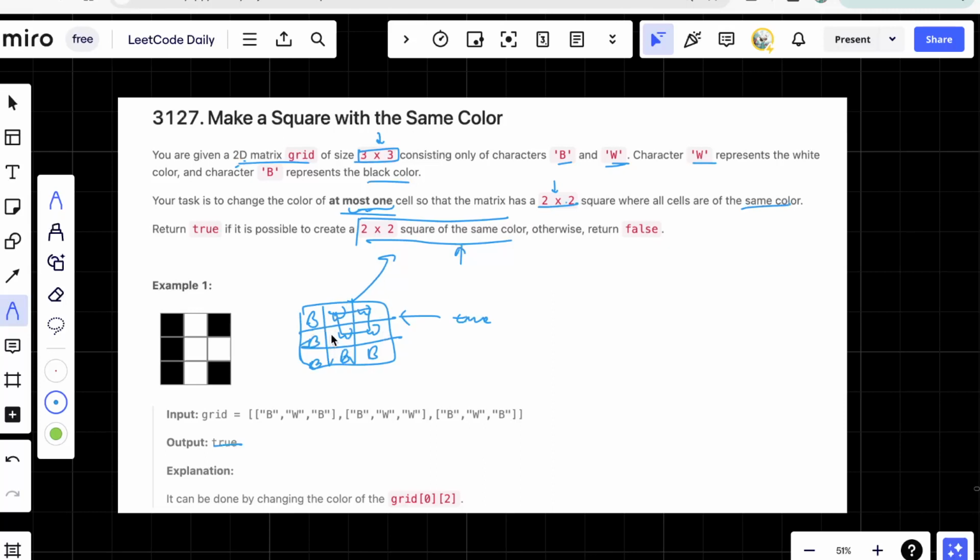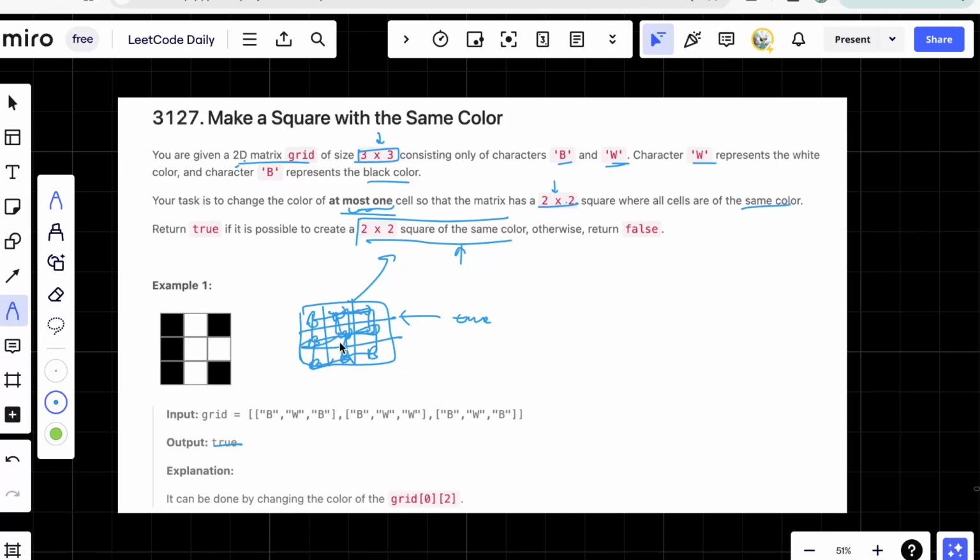But let us say we don't have the ideal case, right? So in that case, for the possibility to occur, I will definitely have at least three cells, right, which are going to be colored the same color. Okay, so what I'm trying to say is, basically we're going to check for all the 2 cross 2 grids here.